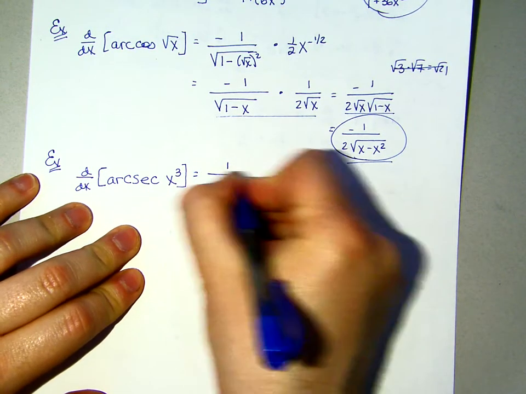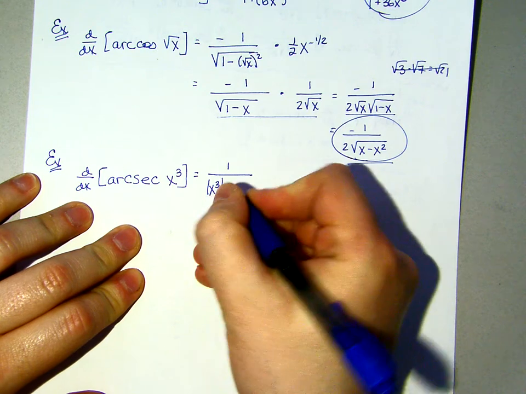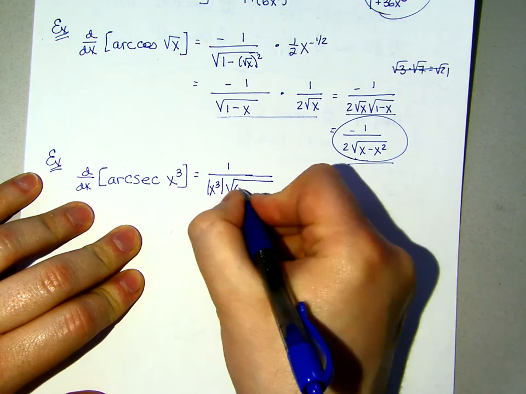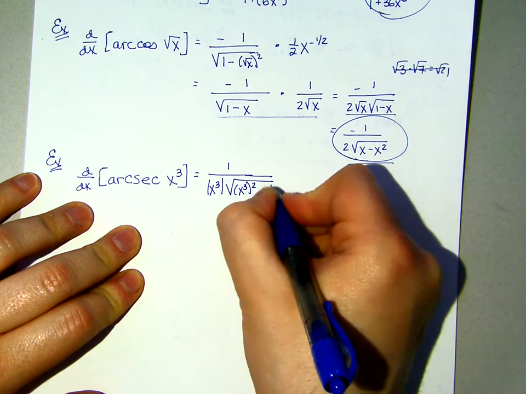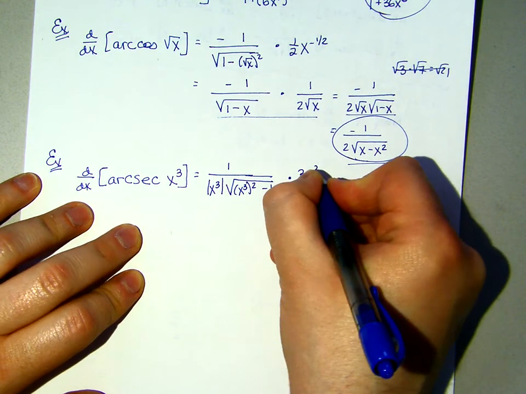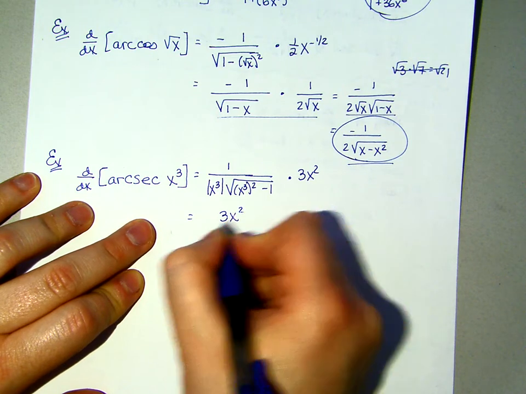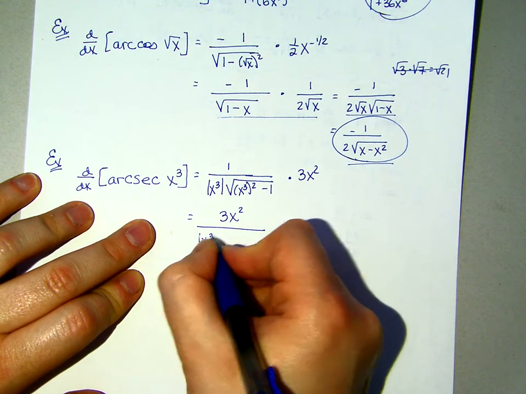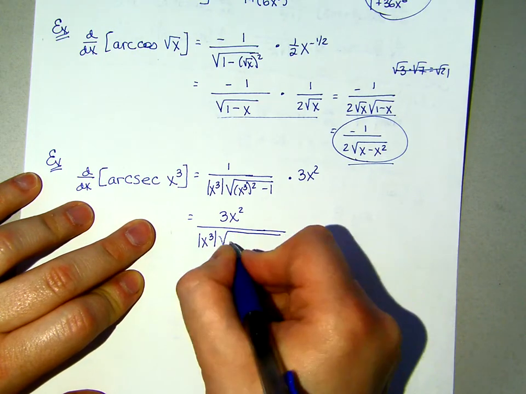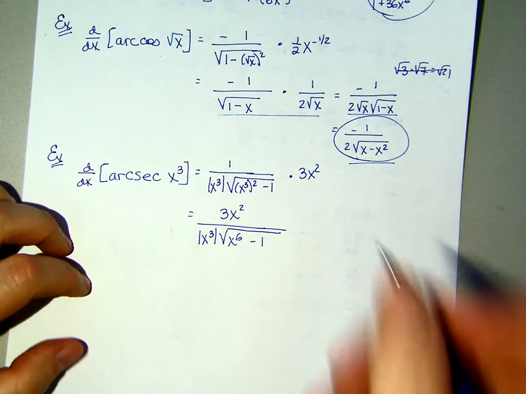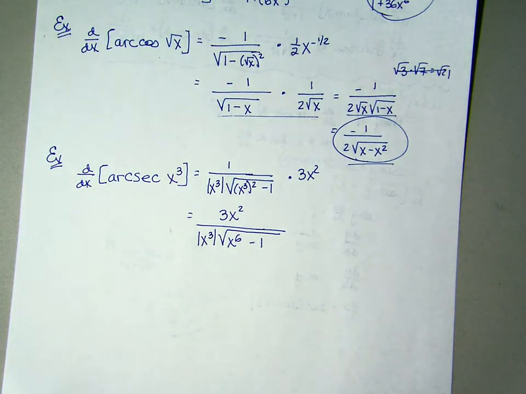Okay, 1 over absolute value x cubed times the square root of x cubed squared minus 1, and I'm getting 3x squared over the absolute value of x cubed times the square root of x to the 6th minus 1.